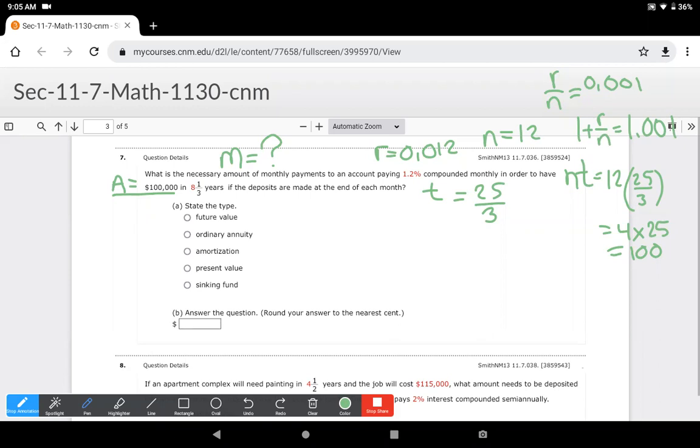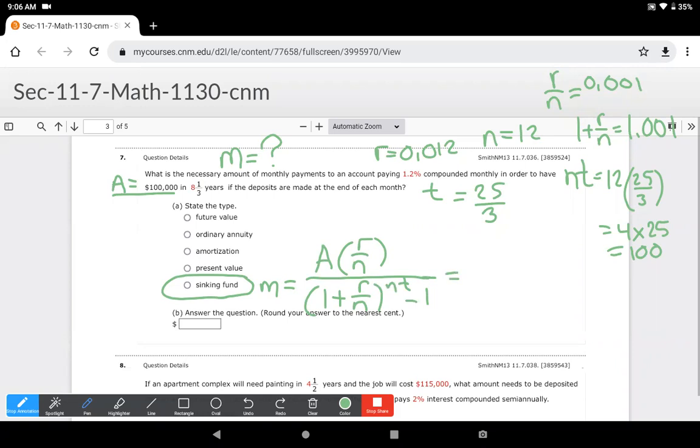Okay, so we've collected a bunch of stuff, right? When they ask for M and give us A, that was the form M equals A times R over N, divide by 1 plus R over N to the NT, take away 1, and then plug and chug, right?